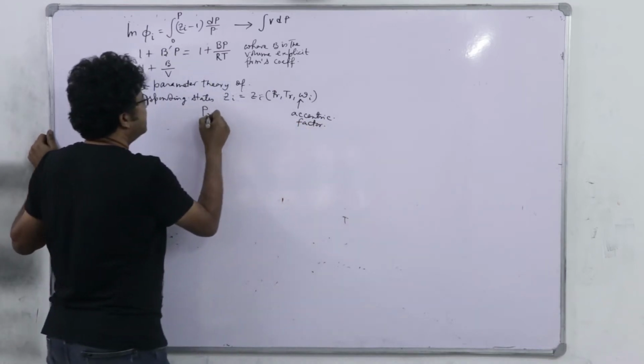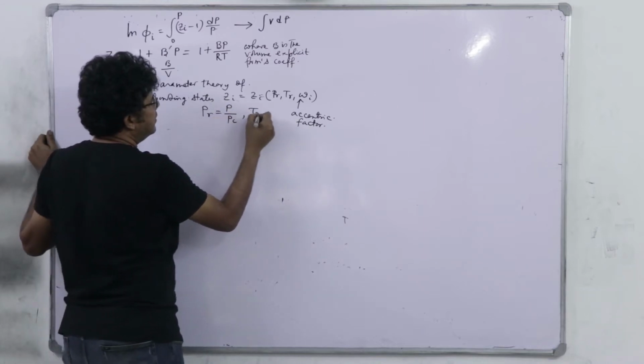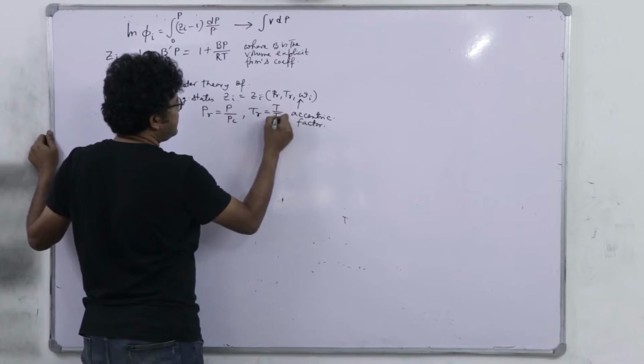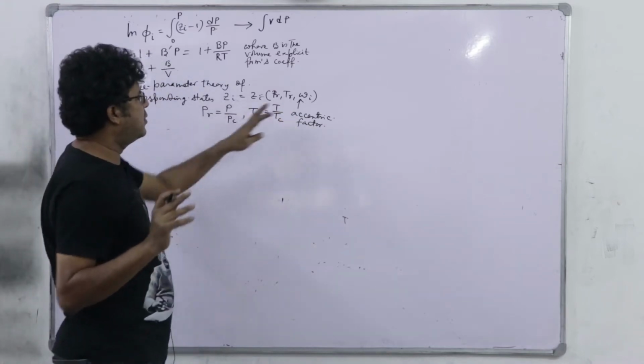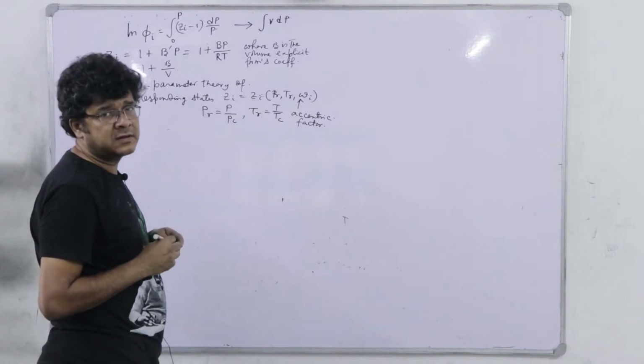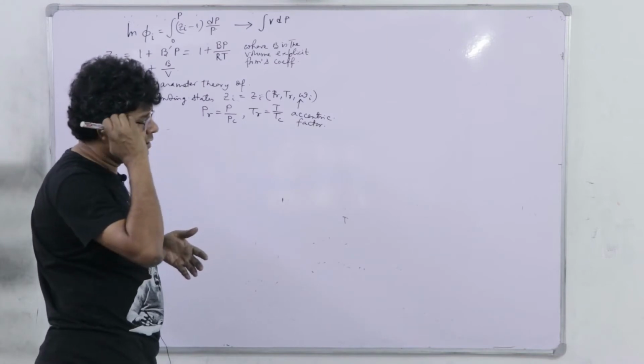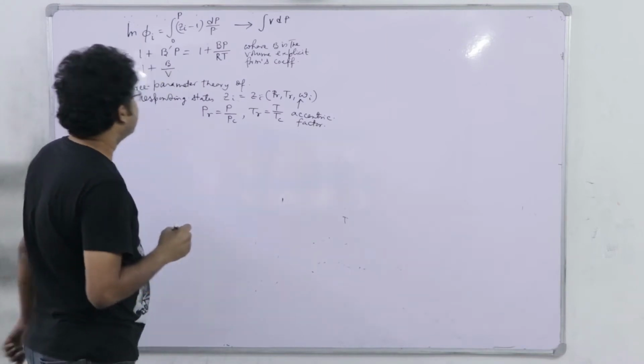PR, the reduced pressure, is pressure by critical pressure, and TR is similarly defined. For the time being, note that the eccentric factor is a species specific constant. The physical meaning will be discussed when we study this equation of state.